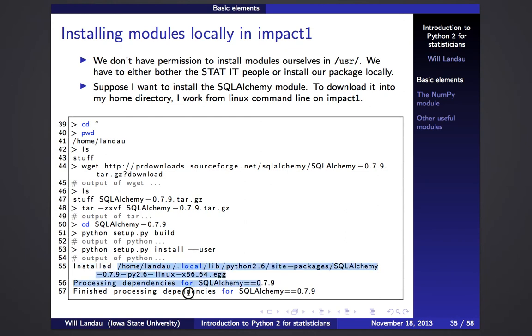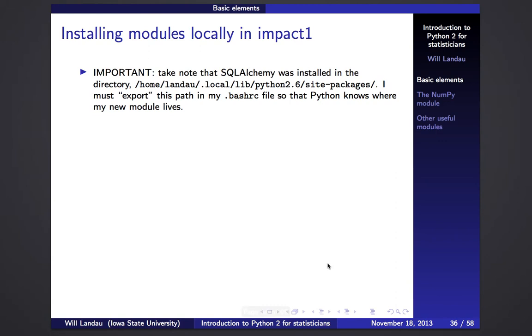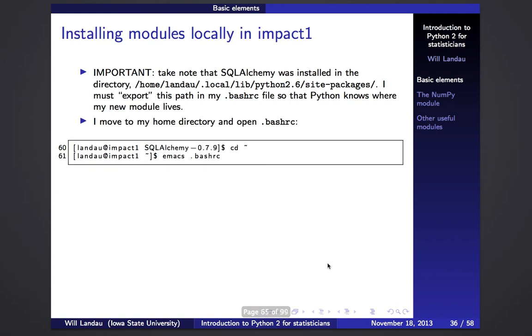I want to take this directory, this site-packages directory, and I want to make sure my shell knows where it is. And I do that by opening my bashrc, or my configuration file for tcsh.